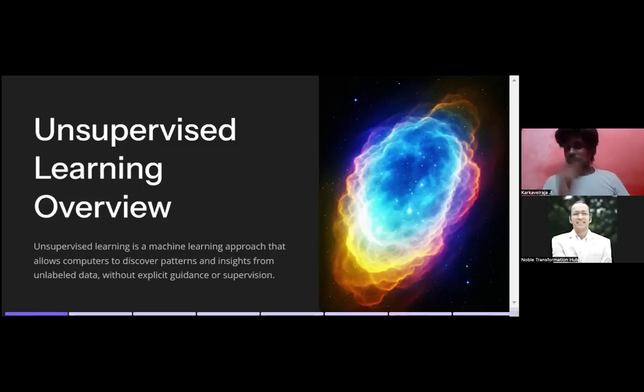Unsupervised learning, let's see what it is. Unsupervised learning is a machine learning approach that allows computers to discover patterns and insights from unlabeled data without explicit guidance or supervision. We will just give an apple to the machine. The machine itself sees that it is in a circle shape and red color, so I will put it in category A. I will give a banana to the machine without saying it's a banana.